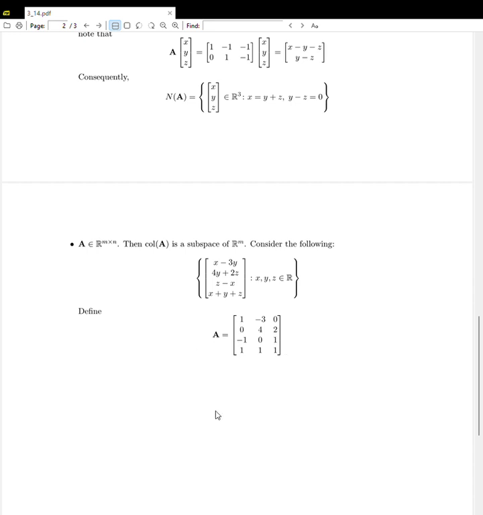All right, and hey, looky here. This matrix right here, well, what happens when I multiply this thing by an element of R3?